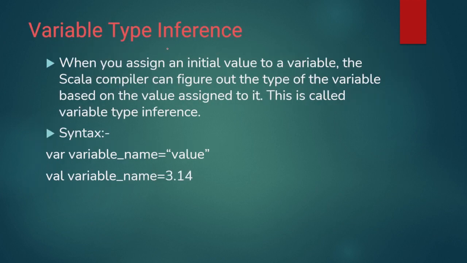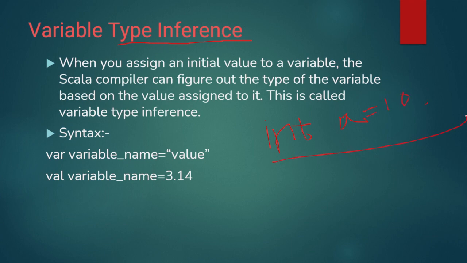Variable type inference is an interesting topic. Let's suppose we have declared a variable. In other languages, we must specify the data type. In C, for example, we define the data type like int a = 10.